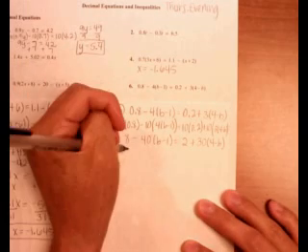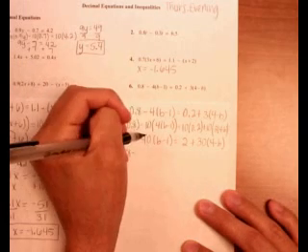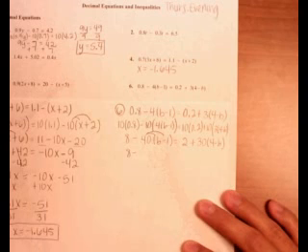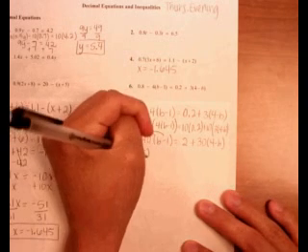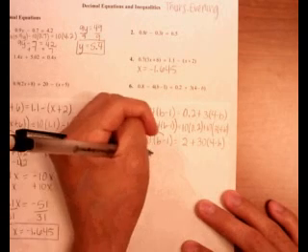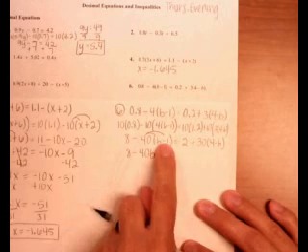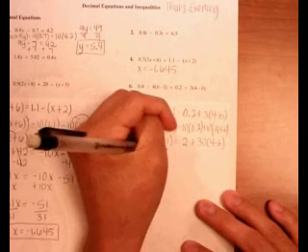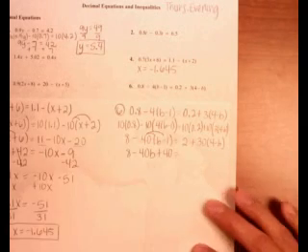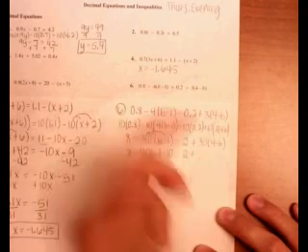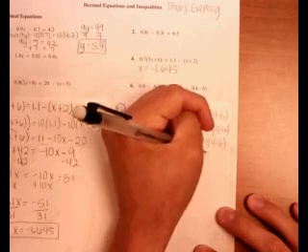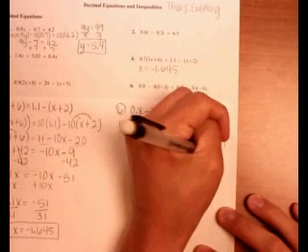So now I have 8 minus, and I'm going to distribute this 40 into the parentheses, so 40b. Negative 40 times negative 1 is positive 40. I have 2 plus 30 times 4 is 120 minus 30b.